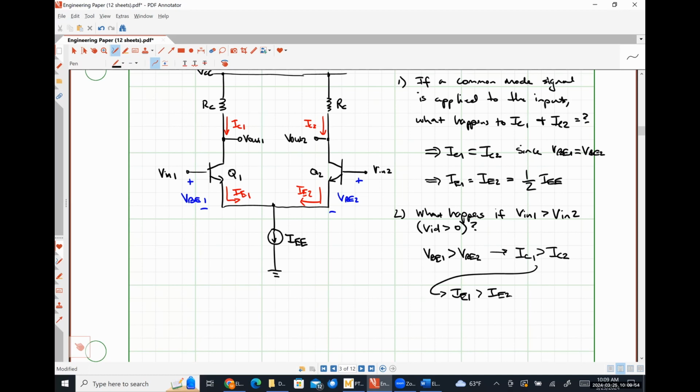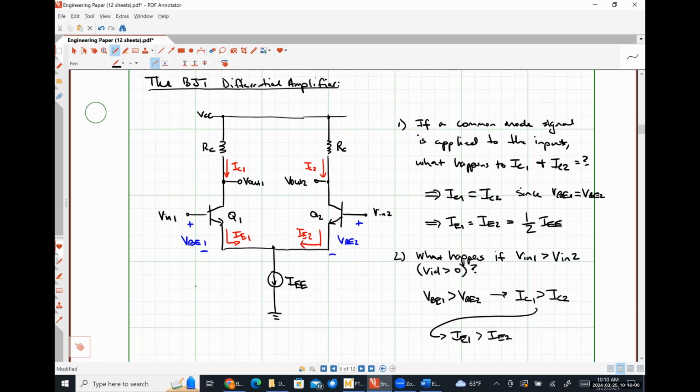So what would our output voltage on Q2 be if IC2 were 0? If there's no current flowing through that resistor RC, there's no voltage drop across that resistor RC. And so on that side of things, our output voltage would actually be VCC.